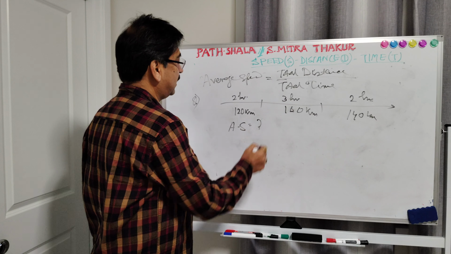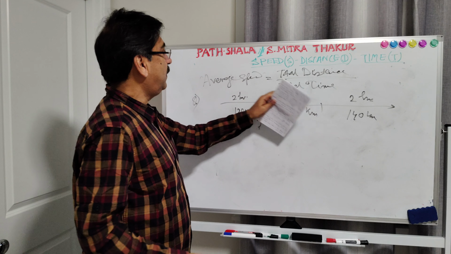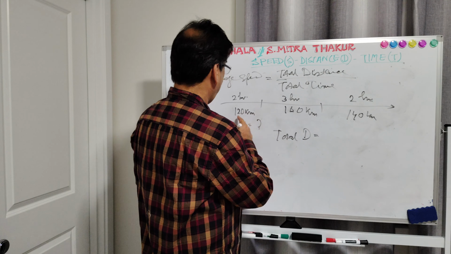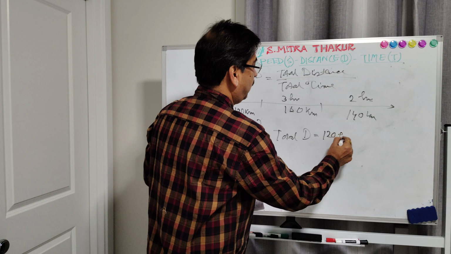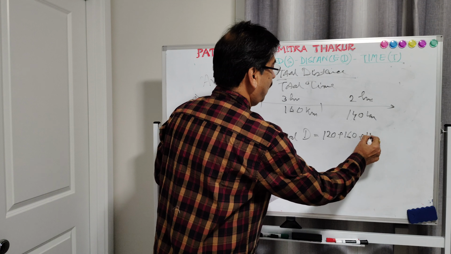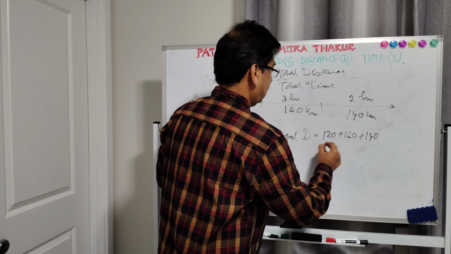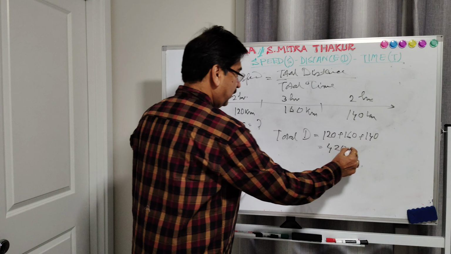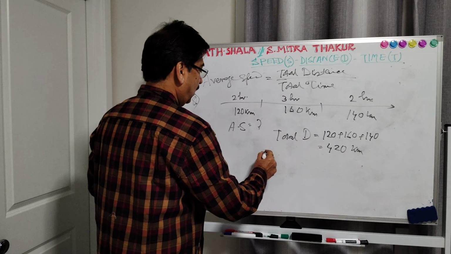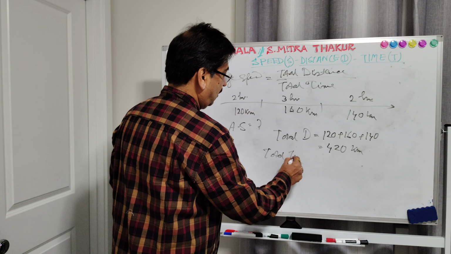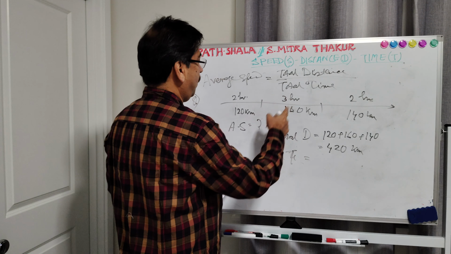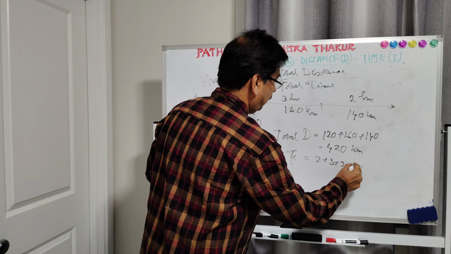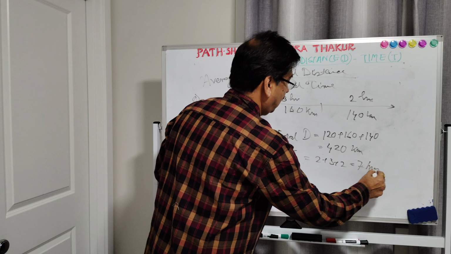How to calculate the average speed? Average speed equals total distance by total time. So total distance is equal to 120 plus 160 plus 140. That is 420 kilometer. And total time is equal to 2 hour, 3 hour, 2 hour. 2 plus 3 plus 2, 7 hours.